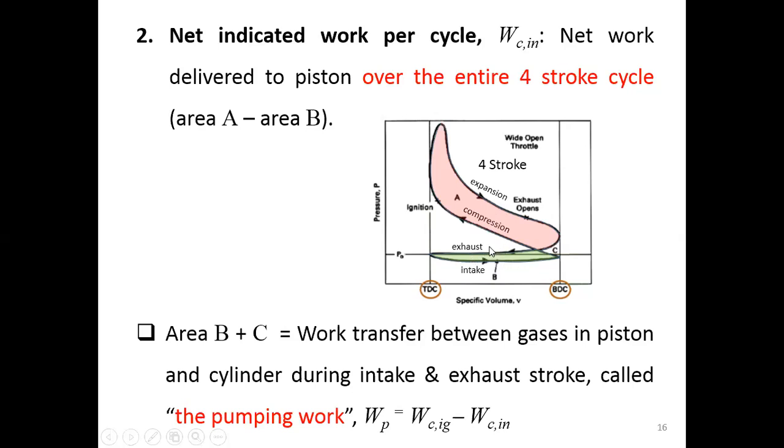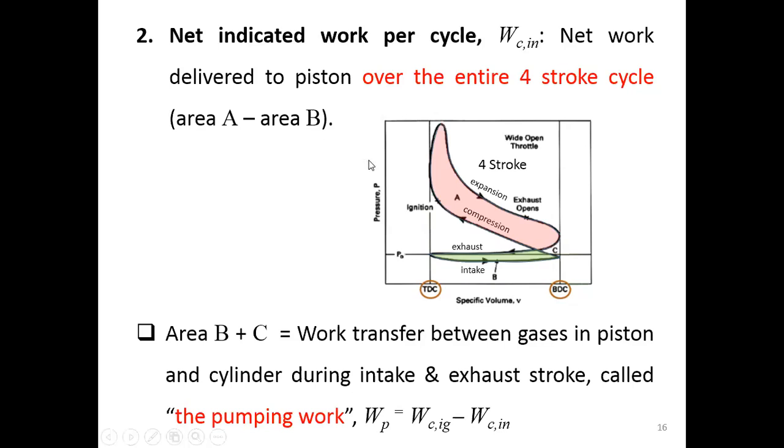Why does this work become negative? Because things happen below atmospheric pressure. We have to expel the exhaust gas, so we have to provide work to expel or release the exhaust gas.